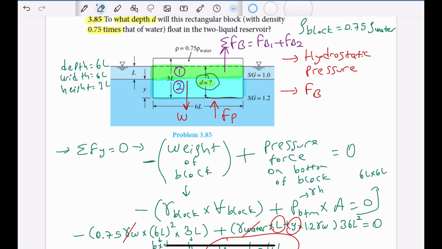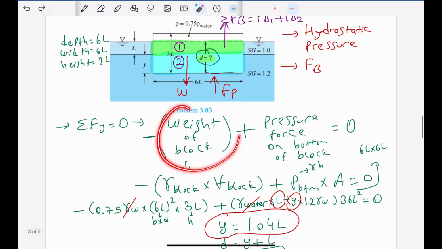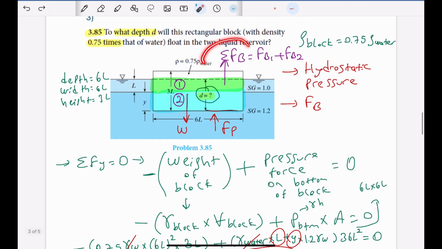If you remember, in the first solution, we used the pressure force on the bottom of the block, and it was equal to the weight of this block. This time we keep the weight of the block the same, because eventually these vertical forces should be equal. So it will not make any difference if you use the buoyancy forces of these two sections, or if you use the pressure force at the bottom. So now we are at the second solution, and let's see what buoyancy forces we have for this one and for the second one.